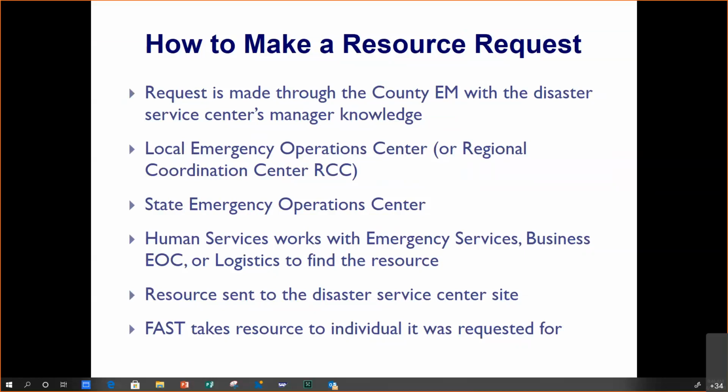They'll put the request into the WebEOC. Then the resource will be delegated out. The emergency manager will be notified, and it's going to be sent, and who's going to be bringing it, and then the FAST member will take the resource to the individual it was requested for. Next slide, please.